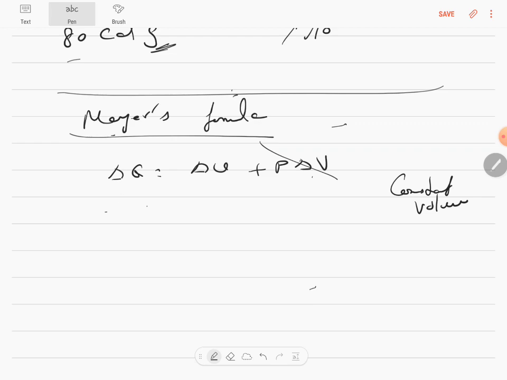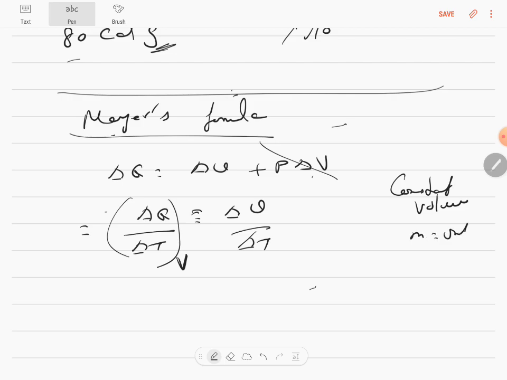Let's divide both sides by delta T, the change in temperature. So delta Q by delta T at constant volume, so suffix it with V, becomes equal to delta U by delta T, which, considering one unit mass, is itself CV.